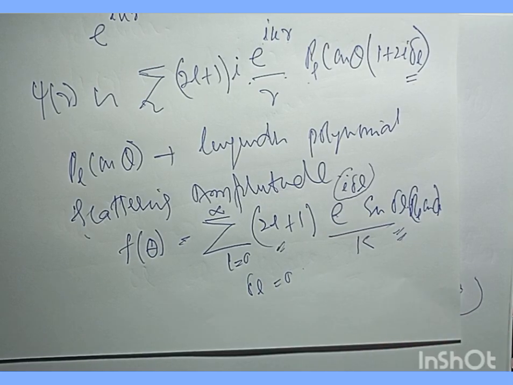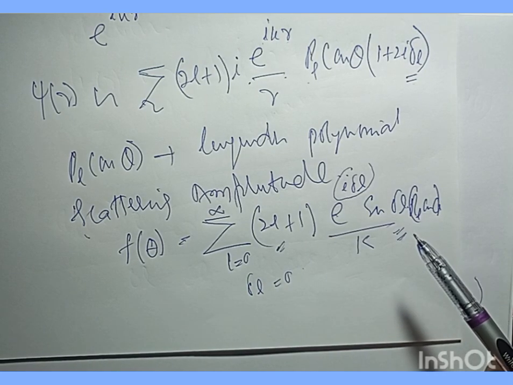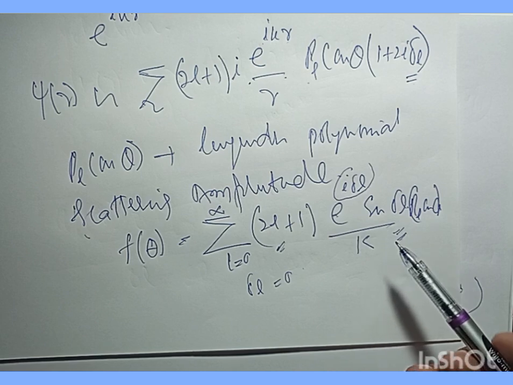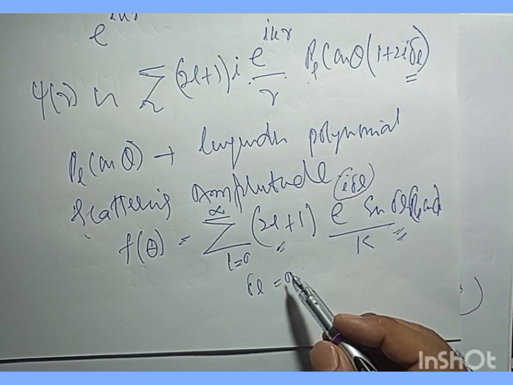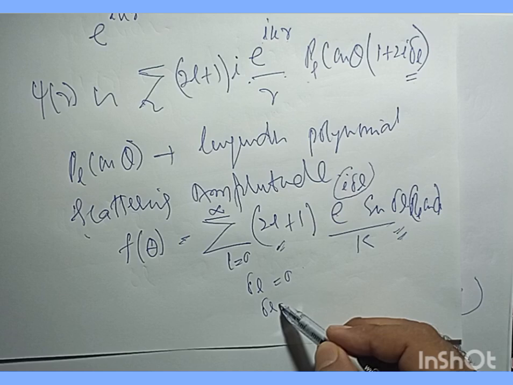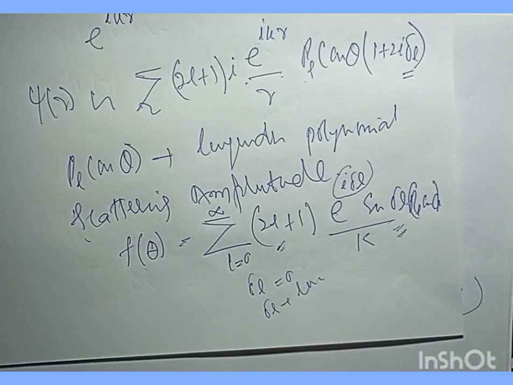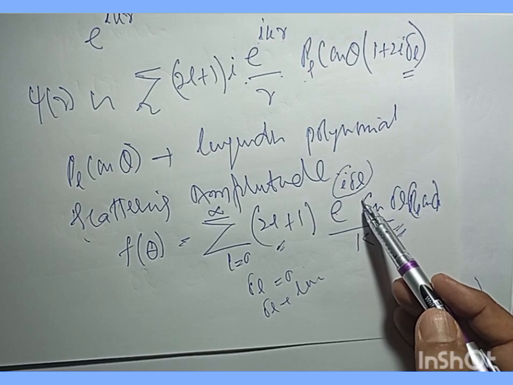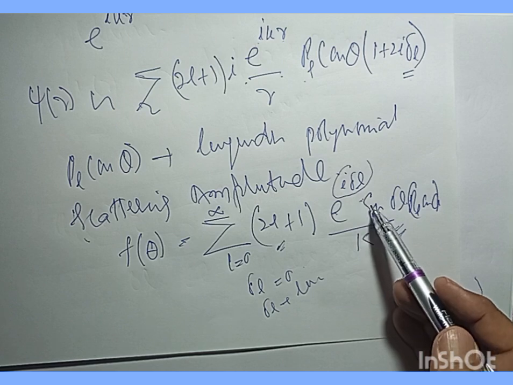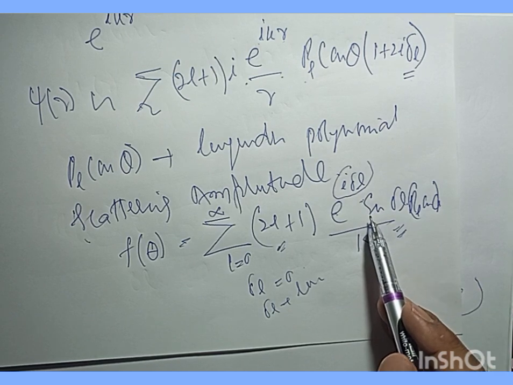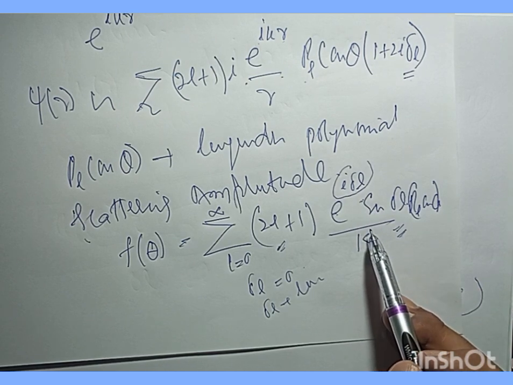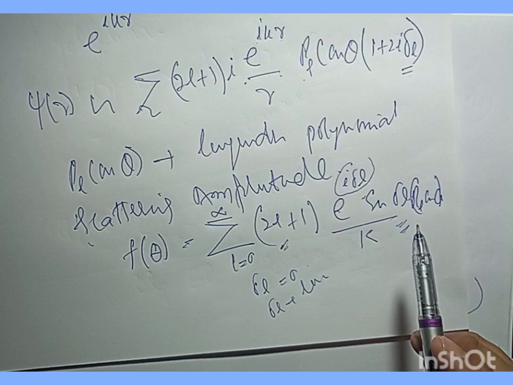That means no scattering has occurred. There is no scattering for the partial waves. And if this delta L is large, what does that imply? That implies there is a significant amount of scattering for that partial wave which is interacting with the potential.